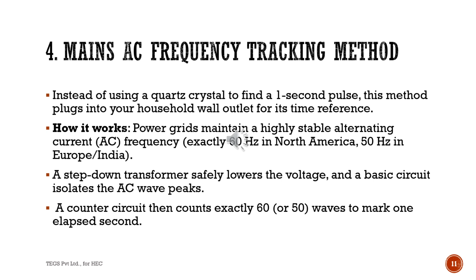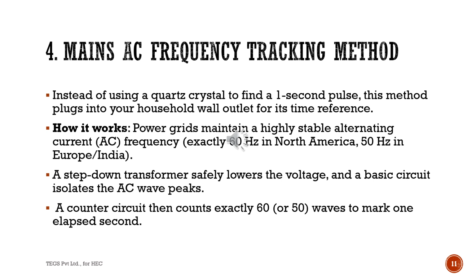Method 4. Mains AC frequency tracking method. Instead of using a quartz crystal to find a 1 second pulse, this method plugs into your household wall outlet for its time reference. How it works? The power grid maintains a highly stable alternating current frequency.